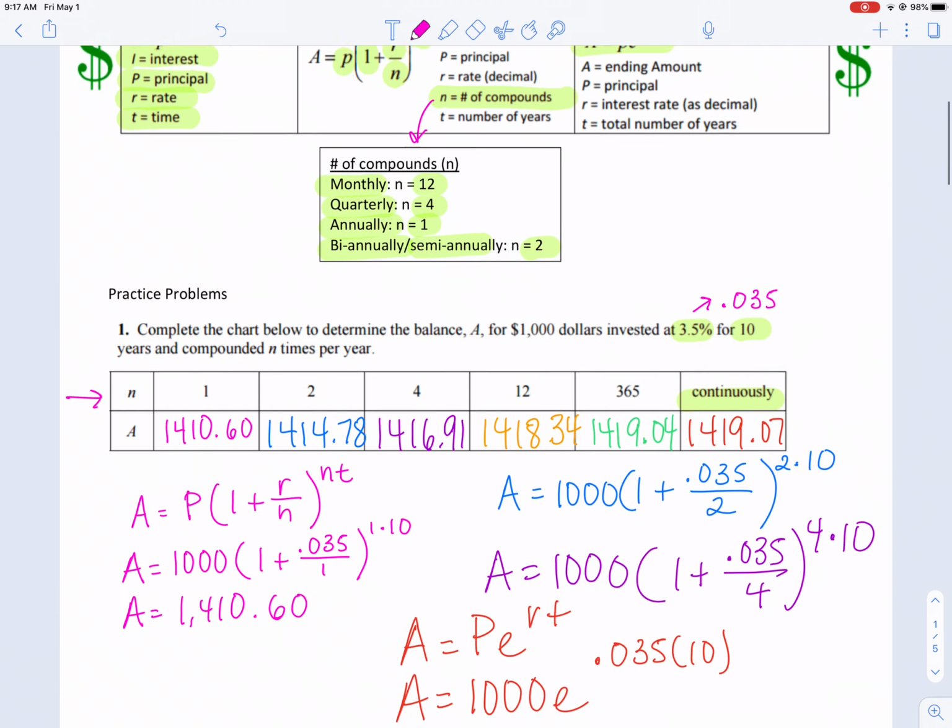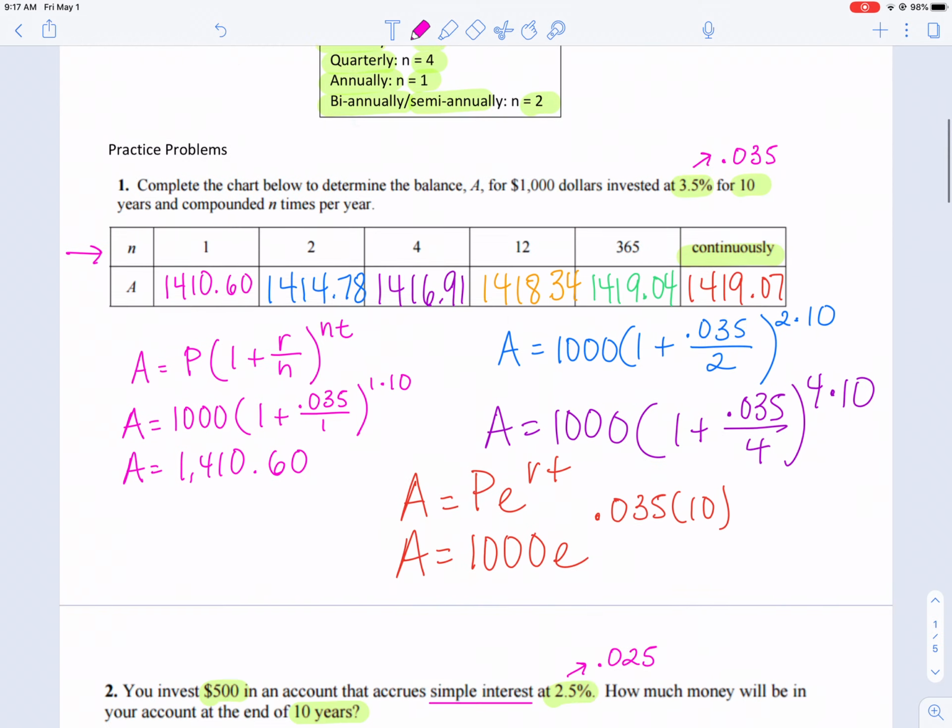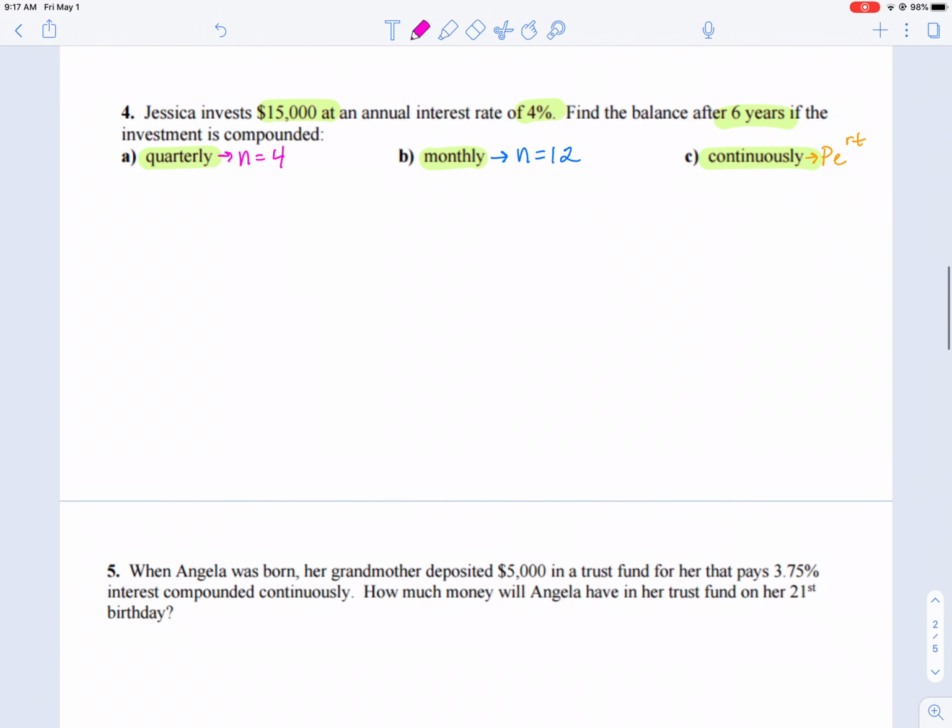Remember, you're going to be using A equals P times 1 plus R divided by N, to the N times T. So in order to get how much you would have, you would take your principal of $15,000 times 1 plus your rate, 0.04, divided by 4. Okay, your N is 4, to the 4 times 6 number of years.